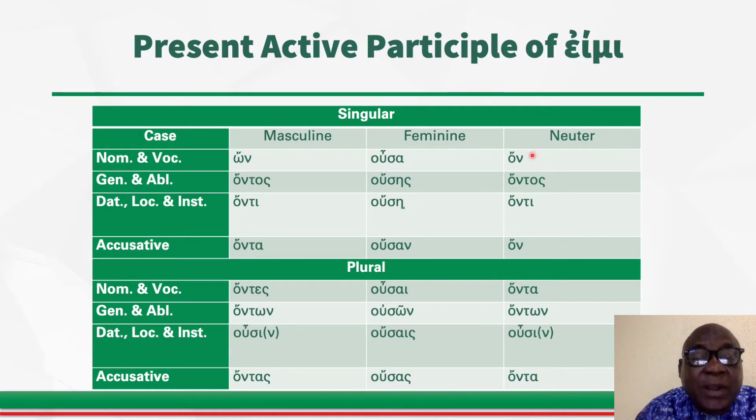If you are very observant, you will discover that the endings of the present active participle actually are the forms of the verb to be. Look at it: own, usa, on. So we have to take note. You have to memorize all this. And once you have gotten this, writing out the present active participle of any verb is going to be easy.